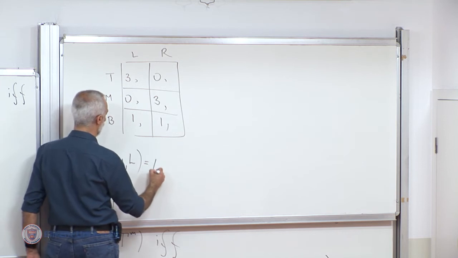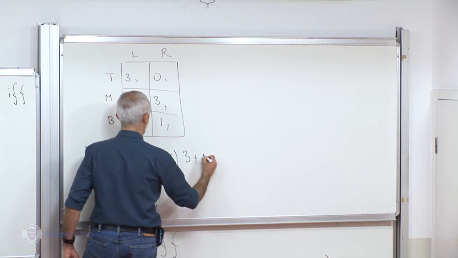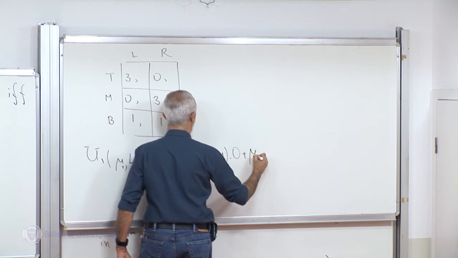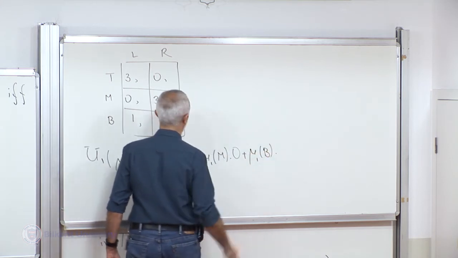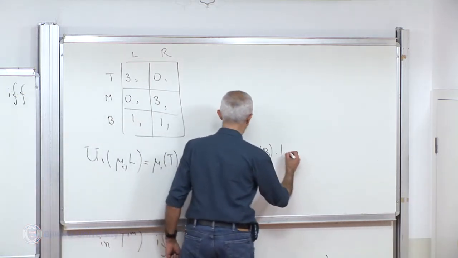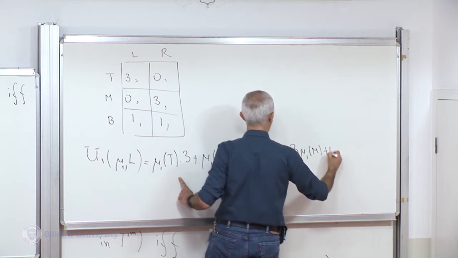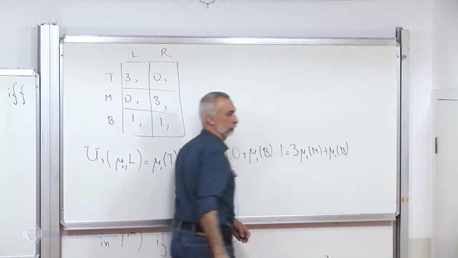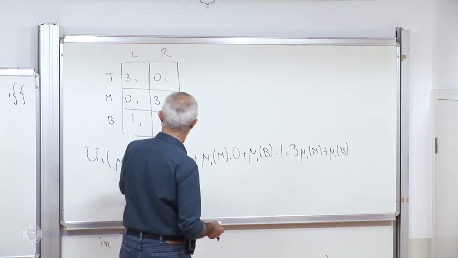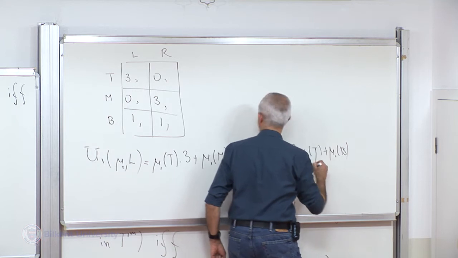What is that equal to? That's mu1 of T times 3 plus mu1 of M times 0 plus mu1 of B times 1. Which is equal to 3 mu1 of T plus mu1 of B. Did I make a mistake? Oh, yes, T. I'm sorry.